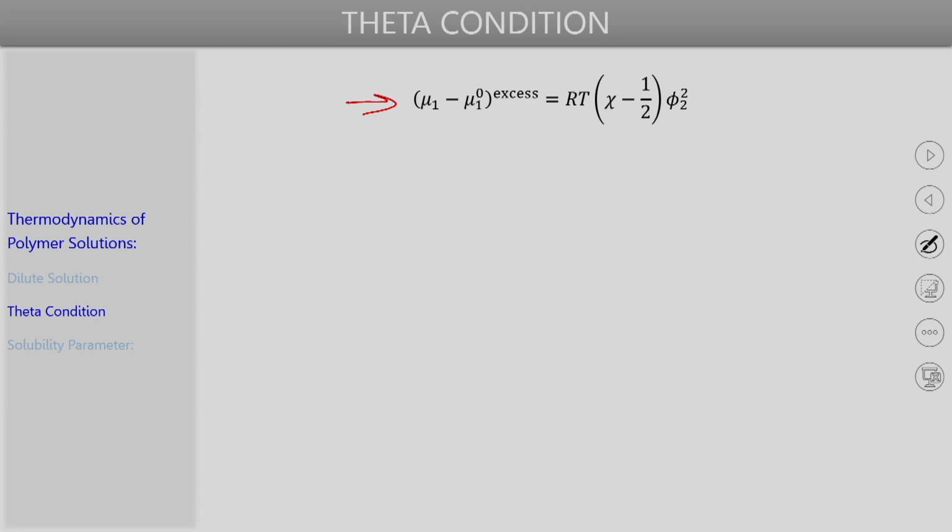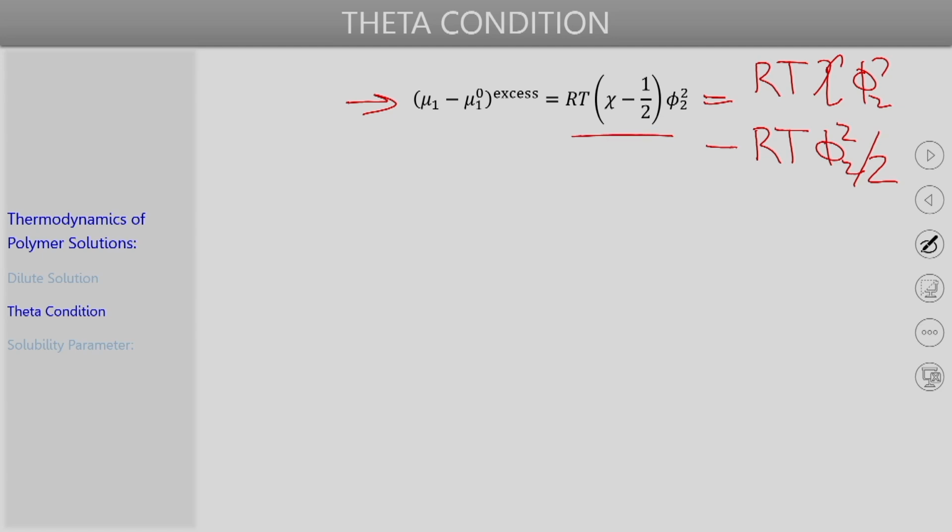If we look at this equation, on the right hand side we can consider two different terms. One term is RT chi phi 2 square, minus RT phi 2 square by 2. These are the two terms present here.